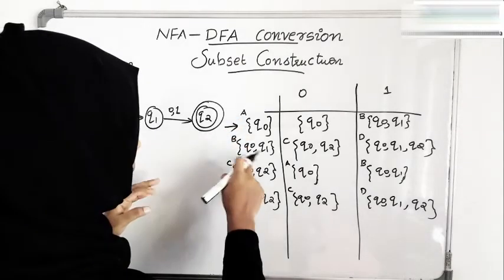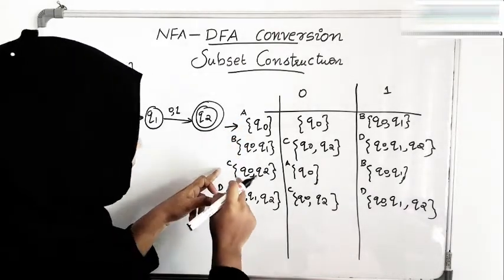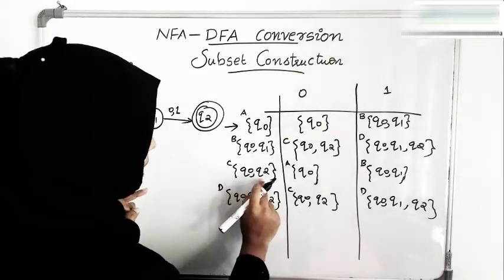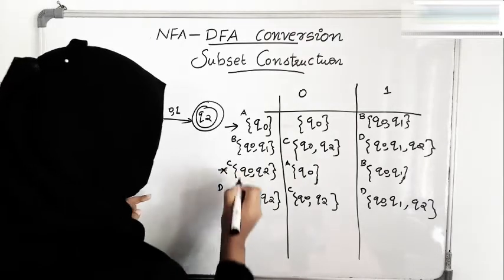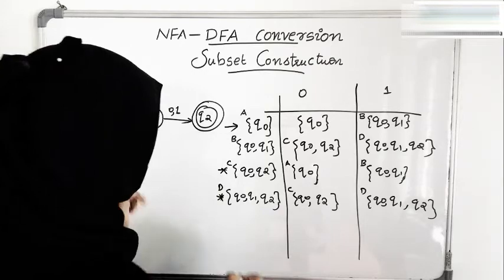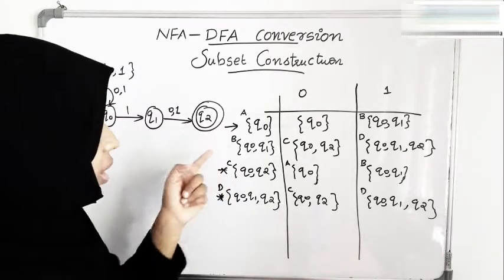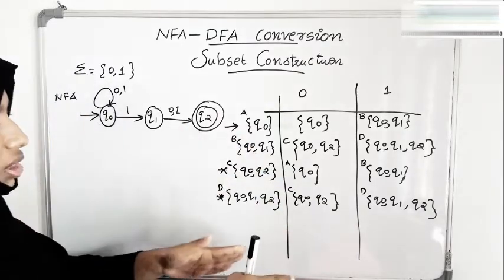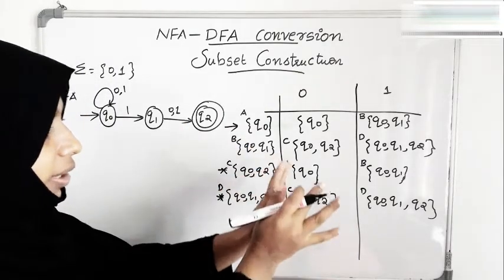Now, the states containing the final state of NFA are the final states of DFA. So C contains Q2, so C is a final state. Now D contains Q2, so D also is a final state. For the start state, we will use an arrow to indicate it, and for final states, we will use stars to indicate them. So this is the final DFA, the transition diagram for our DFA.